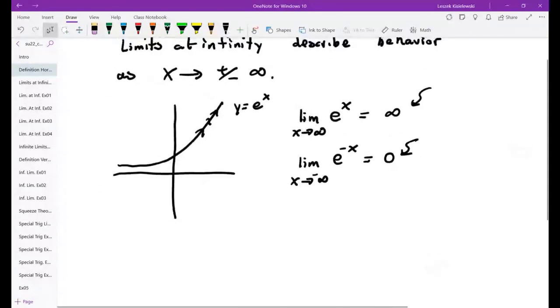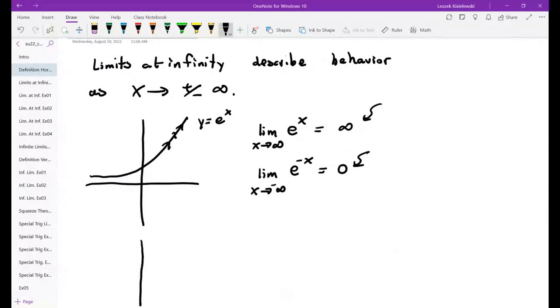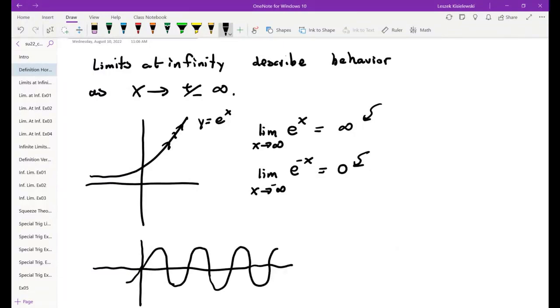We could also have it that the limit simply doesn't exist, in the sense of the values of the function in the long run not settling down at all. So of course I'll use the sine of x as a prototype. And it doesn't matter which way you go. So you've got to have faith that that's the graph of sine of x. Okay, so here we see that as x goes to infinity, sine of x just keeps oscillating between negative and positive 1.